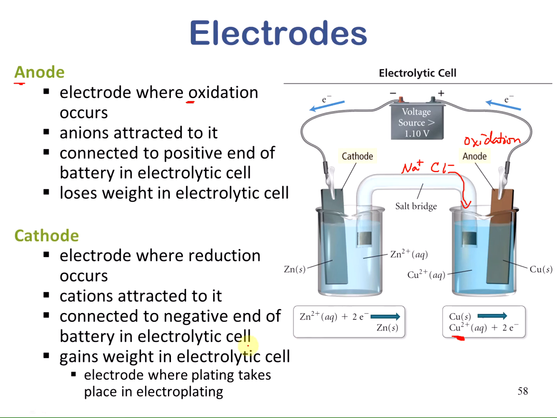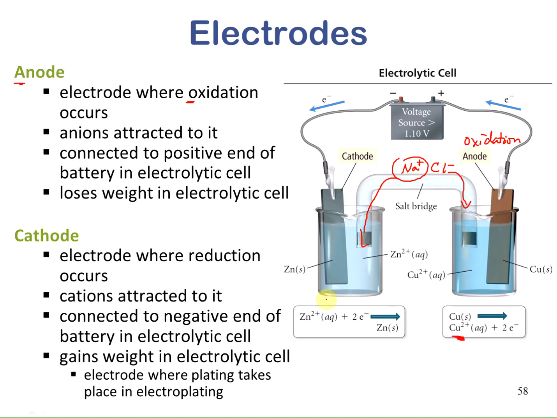Now in the cathode, where reduction occurs, the cations are going to be attracted to the cathode. So the cations, like the sodium plus here, will be attracted to this side of the solution because we're losing the zinc 2 plus ions in solution. So we have to add more cations to balance out the charge so that we have equal charges on both sides.